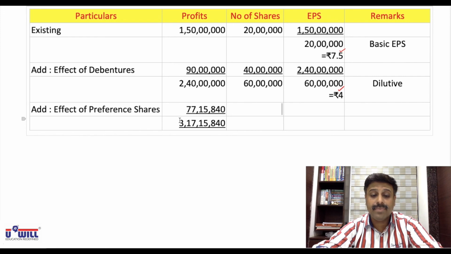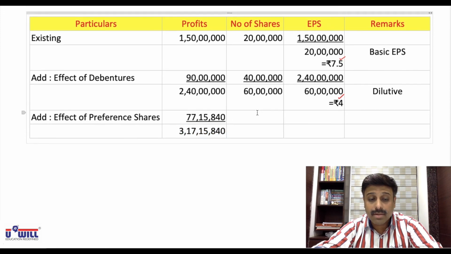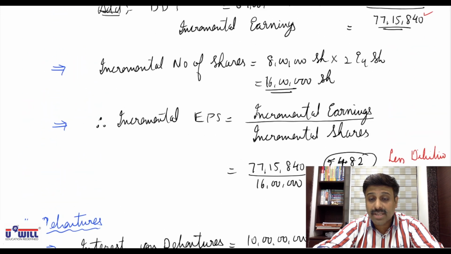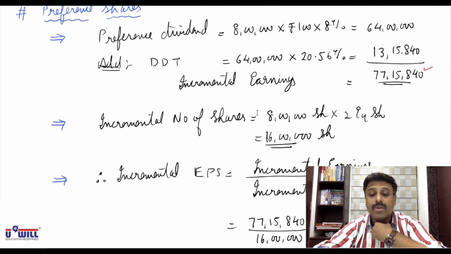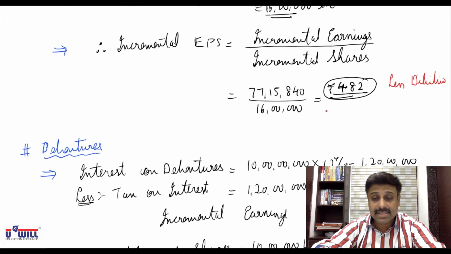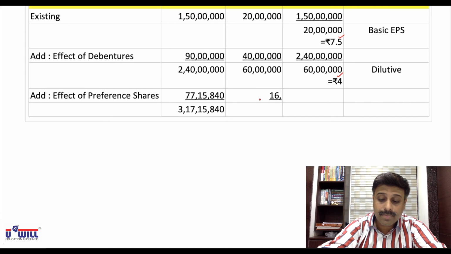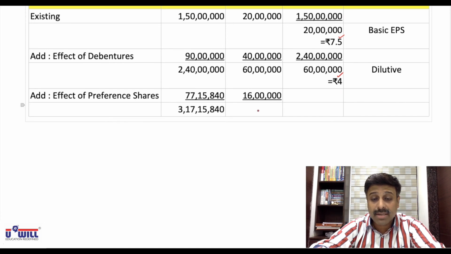Same way, if you add the effect of preference shares on the number of equity shares, what was the incremental number of equity shares? You all can see 16 lakhs. So if we add that 16 lakhs over here, then what would be the number of shares after the conversion? 76 lakhs.